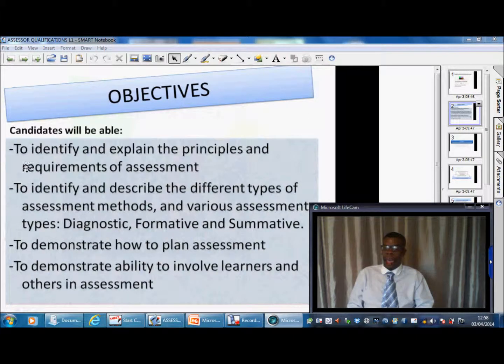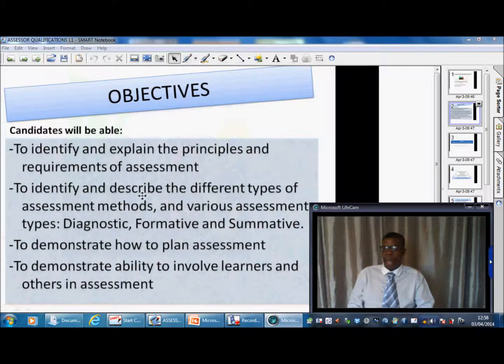We began with the objectives to identify and explain the principles and requirements of assessment. And today's lesson will seek to cover this part of the objective. Some of the aspects were covered in the previous lesson.